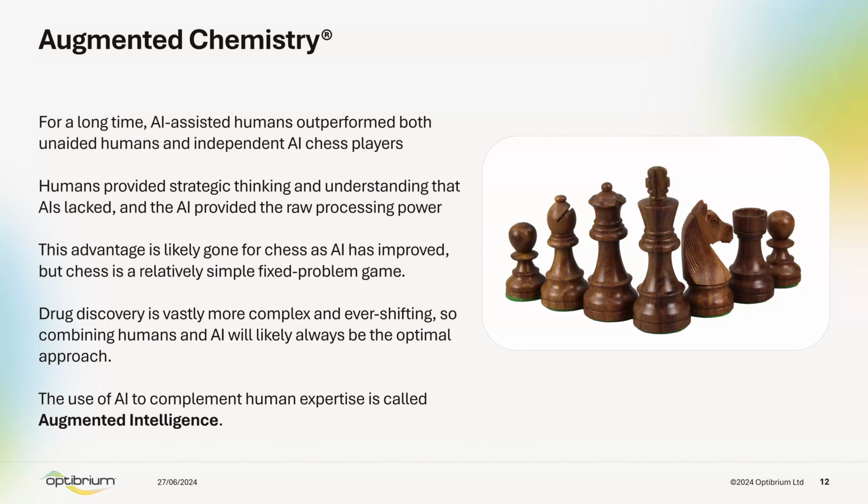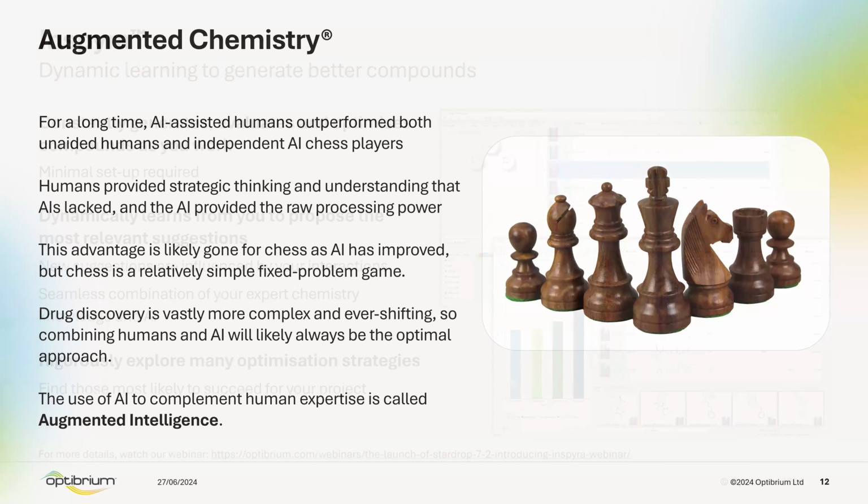And so, realistically, combining that human strategic oversight with AI will always, at least for the foreseeable future, be the optimal approach. And so this idea of augmented chemistry is based on this seamless combination of human expertise and AI algorithms, broadly known as augmented intelligence.